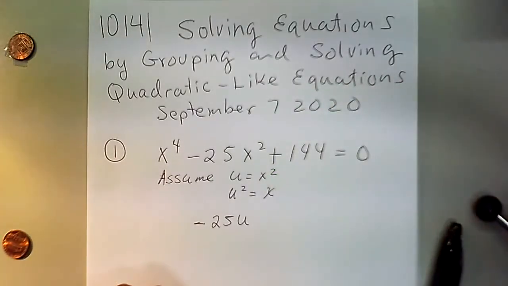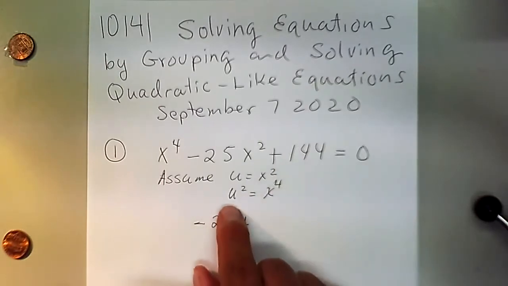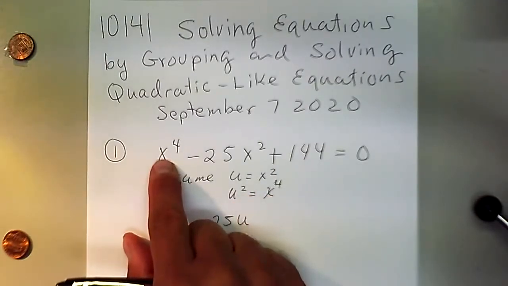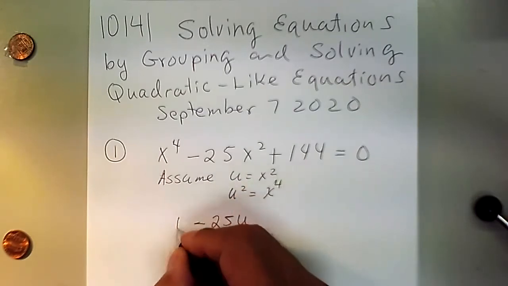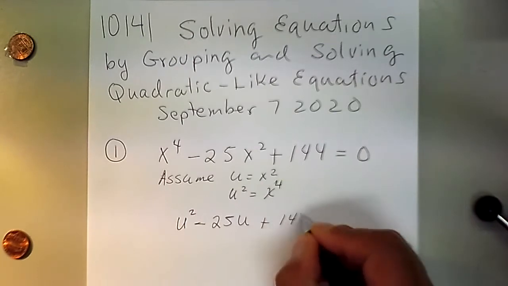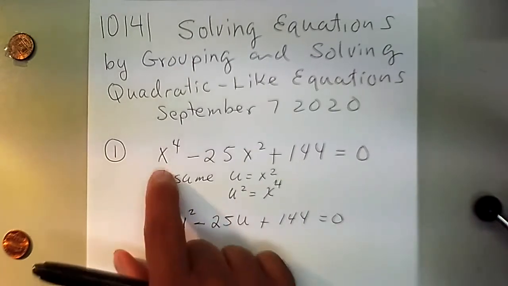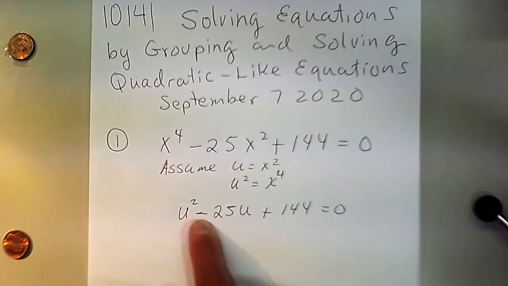There we go, 4. So x to the 4 should be replaced with u squared. So u squared minus 25u plus 144 equals 0. So this equation can be rewritten in this form, which is a quadratic equation.